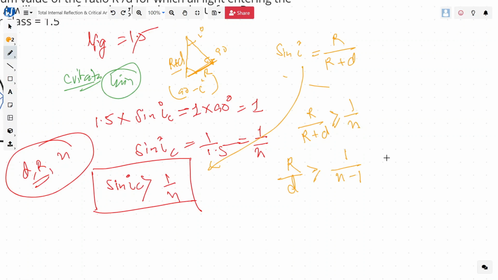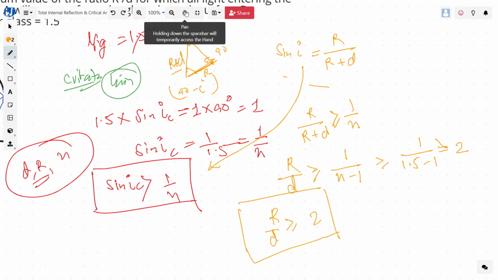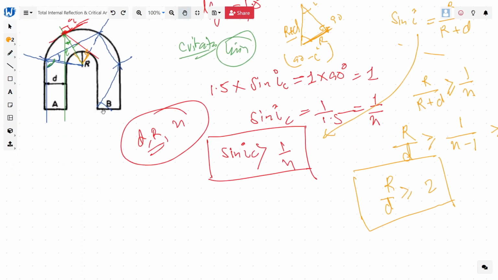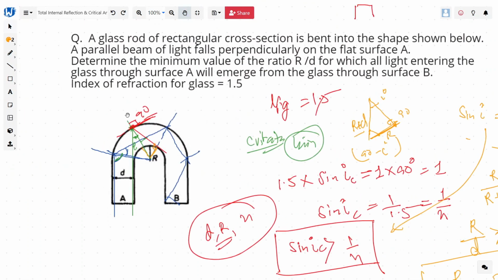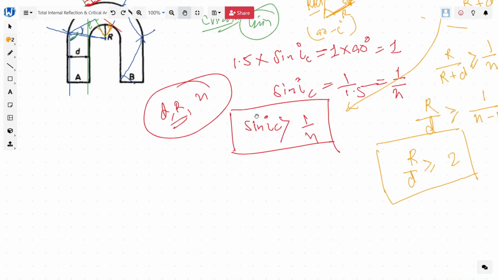Okay, we'll do the maths. It's very simple. It means that it's going to be 1 divided by N, we know already, right? It's 1.5, 1.5 minus 1, and this is equal to 2. So whenever we have this ratio R by D greater than equal to 2, basically we'll have the total inner reflection, and basically our light will come from here and go from here, and that's what the problem is asking.